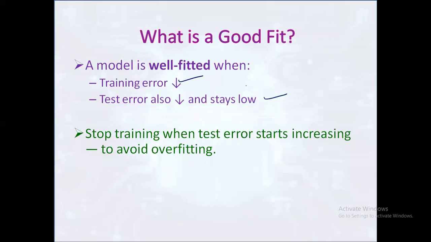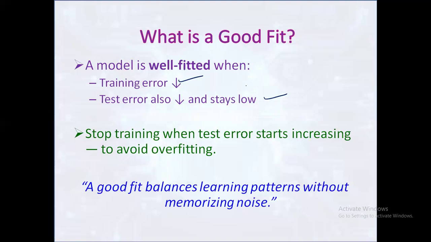If the model is learning well, the test error also decreases, indicating good generalization. If the training continues too long, the model may start to memorize the noise in the training data, causing the test error to increase. This marks the point of overfitting.